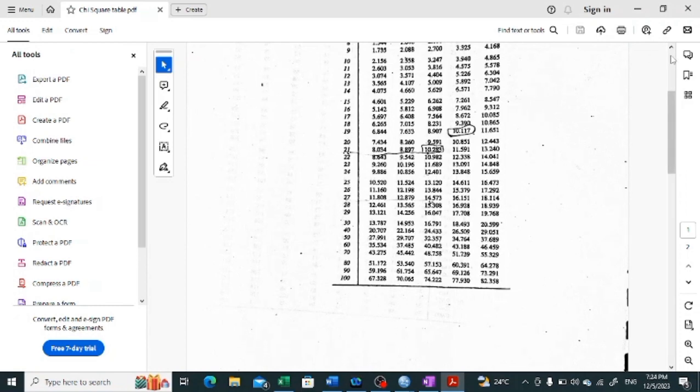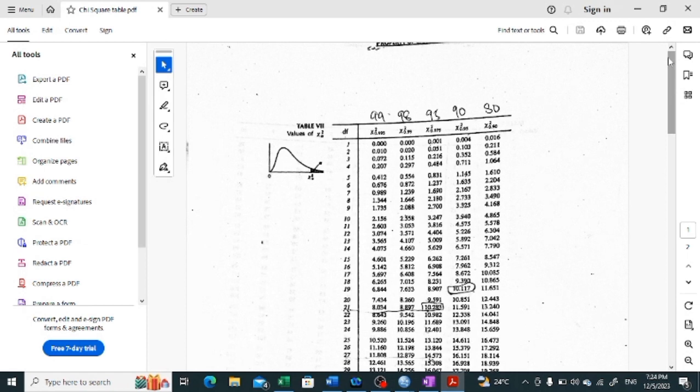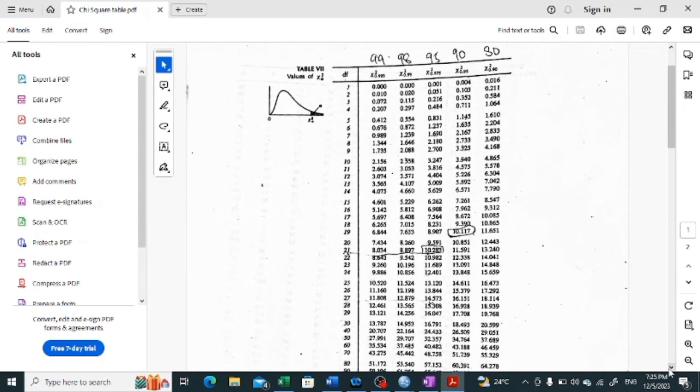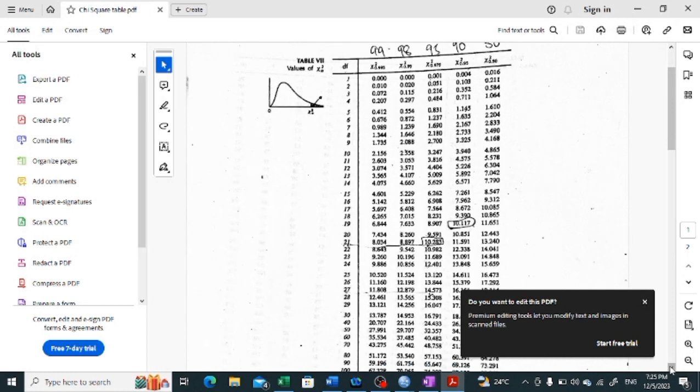So preferably we can go for 100 because that's the closer one, and the middlemost column is indicating the value corresponding to the lower bound under the curve as chi-square 0.975.